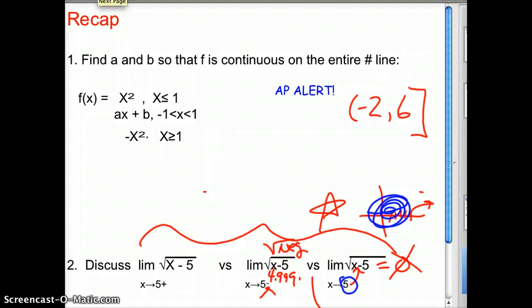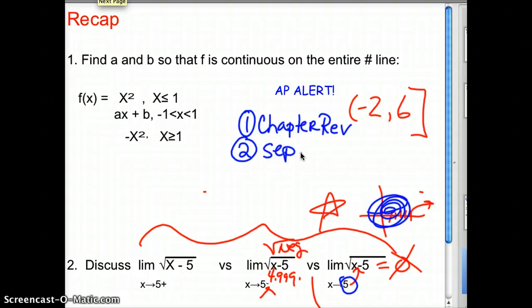Hopefully that goes well. Remember, in order to have a retake, you need to do those 3 things. I need the chapter review done completely, with some evidence maybe that you've checked it. The second thing you need to do is go through here, and anything I just starred, you need to do on a separate sheet of paper. And the third thing, what was the third thing?